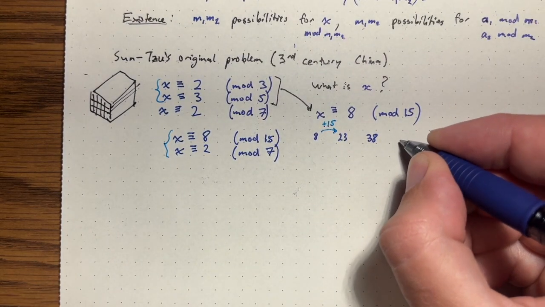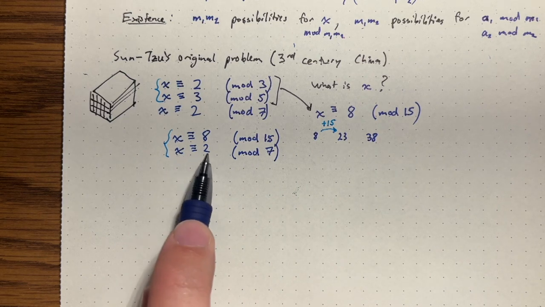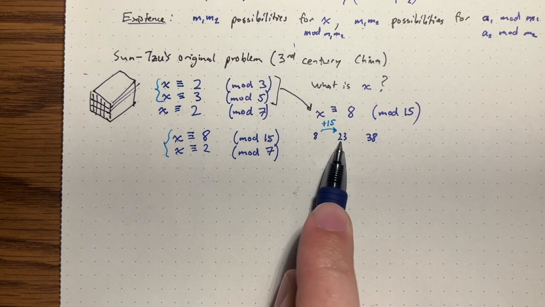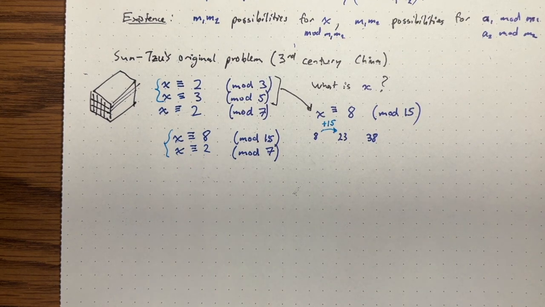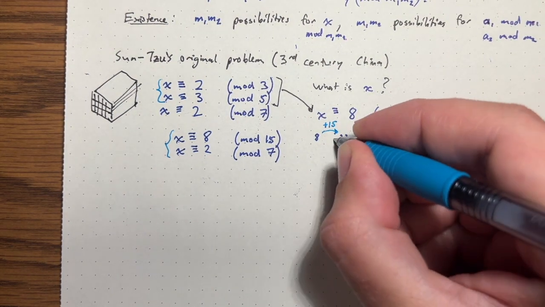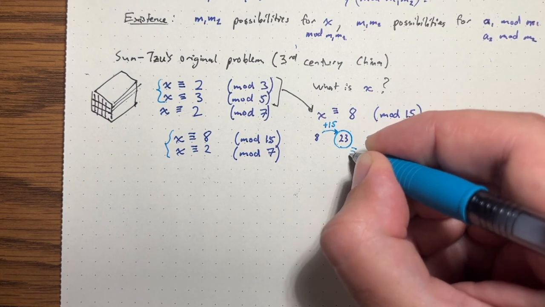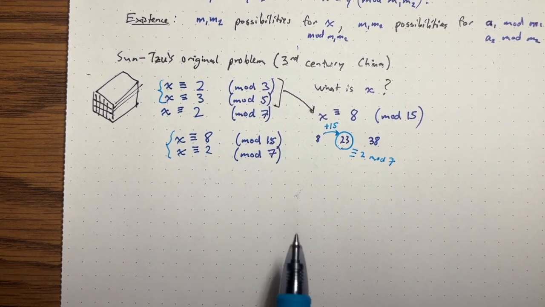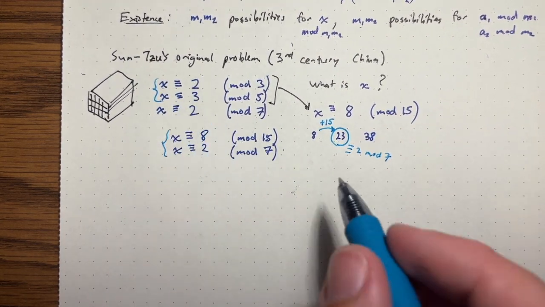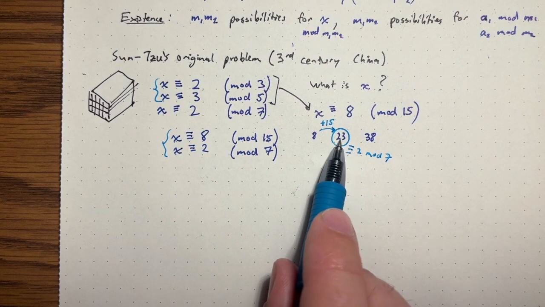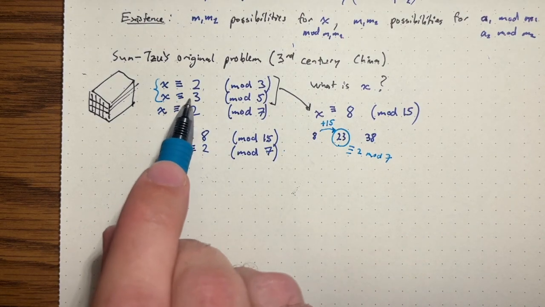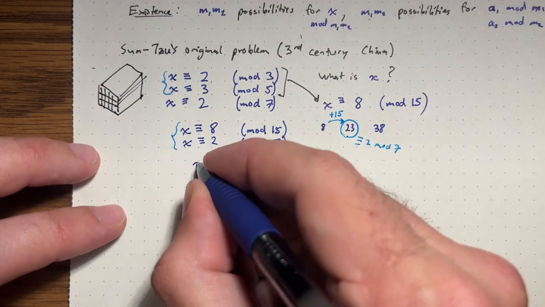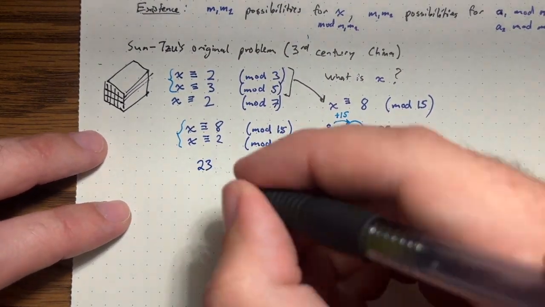Let's check to see if we found it already. 8 is not congruent to 2 mod 7, that's 1 mod 7. 23, I think we just got lucky, right? 23 is congruent to 2 mod 7. And it's congruent to 8 mod 15. But if it's congruent to 8 mod 15, it's congruent to 2 mod 3. That does work. And 3 mod 5. That also works. So 23 is our solution. And it turns out 23 is a unique solution.